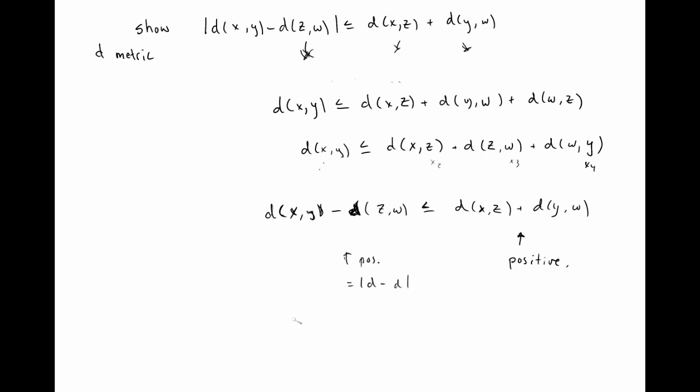And if this is negative, we need to make a good argument as to why this is still true, why d(z,w) minus d(x,y) is also less than d(x,z) plus d(y,w).